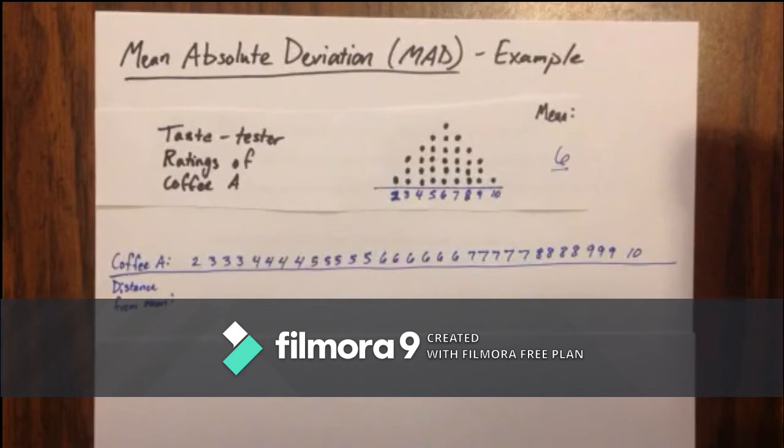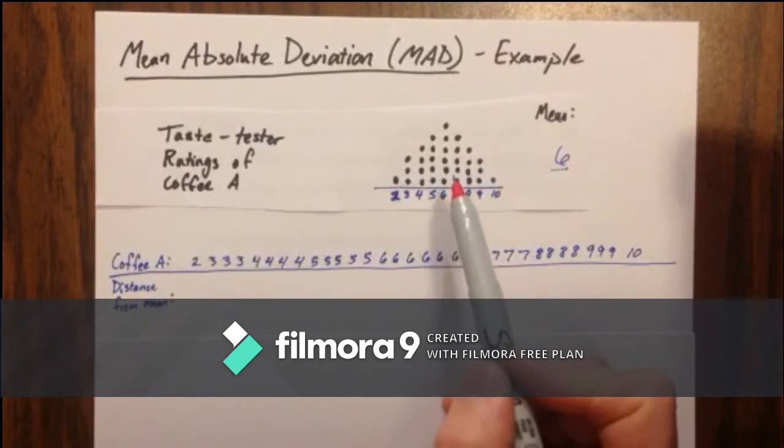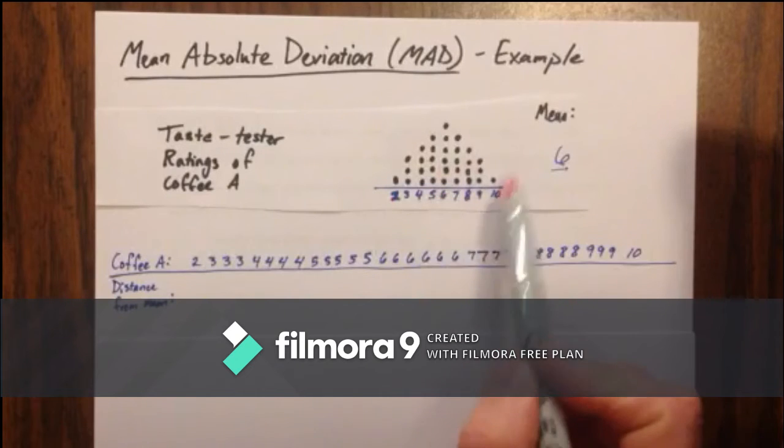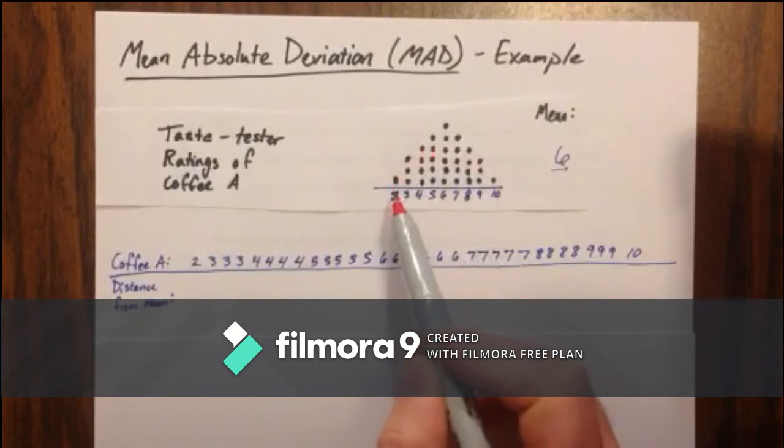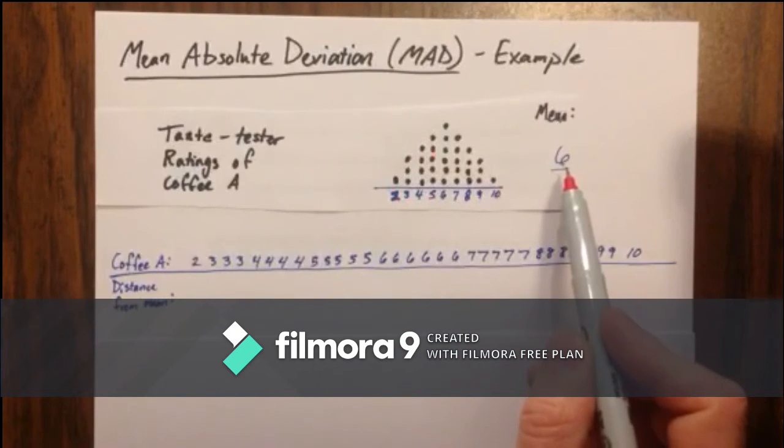In this video, I will describe how to calculate the mean absolute deviation for a given set of data. So you can see again here we have the taste tester ratings of coffee A displayed in a dot plot. The mean of this data we could calculate to be 6.